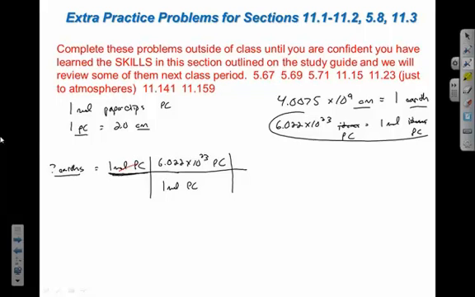And since they're equal, I'm not changing the quantity, I'm just changing the units. So now I've changed the units from moles of paper clips into number of paper clips. And I also know from the other relationship that 1 paper clip is 2 centimeters. That was given to us as a relationship.